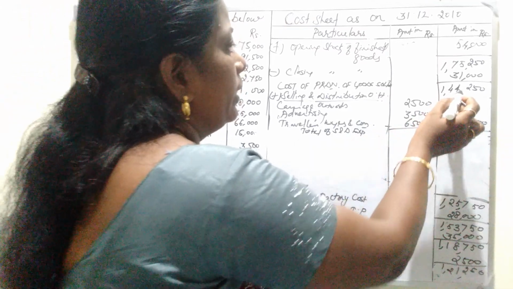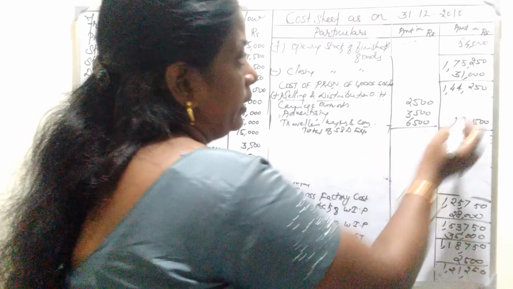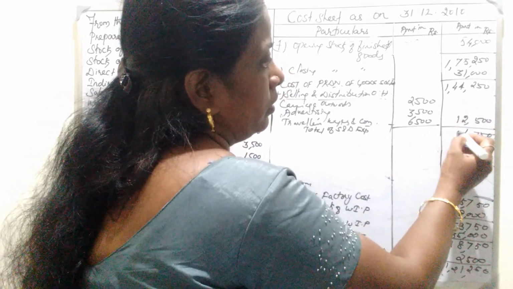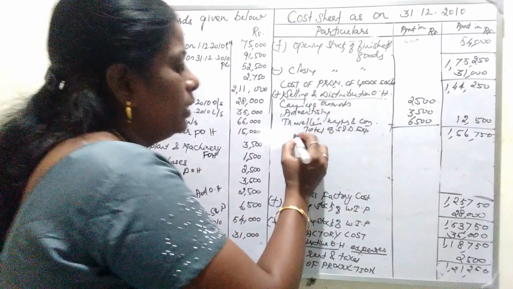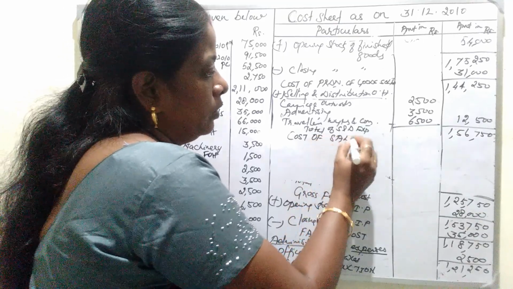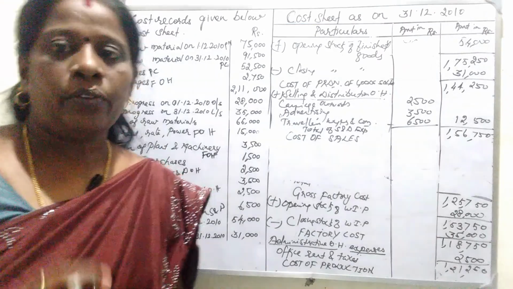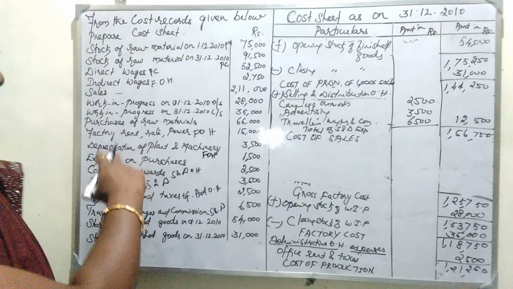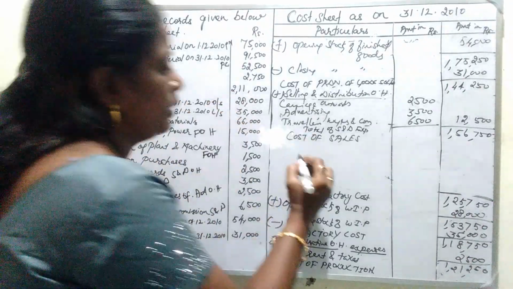Next we have to add the cost of production of goods sold and the selling and distribution expenses. That is 1,56,750, the cost of sales. Okay. Then we have to find the profit. The sales detail is given in the problem. First we write the sales amount, that is 2,11,000.